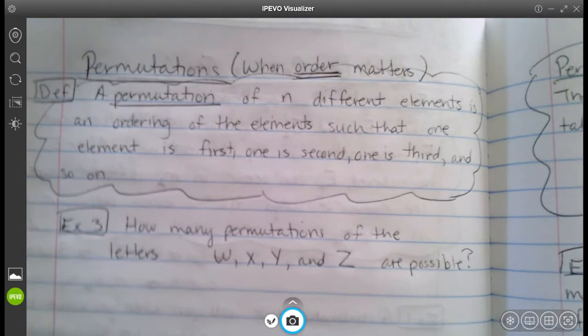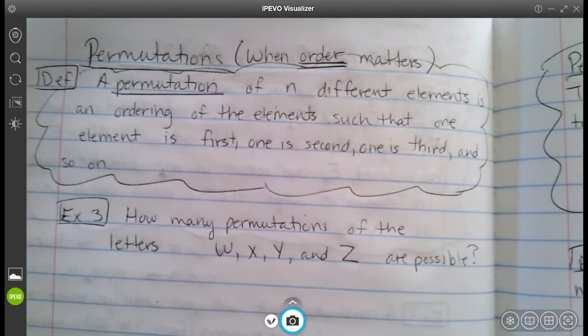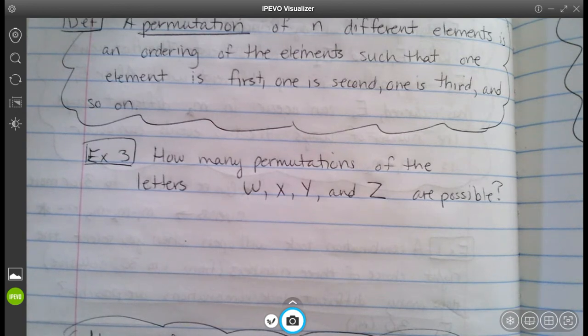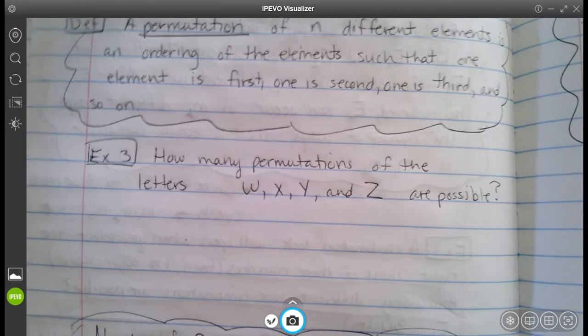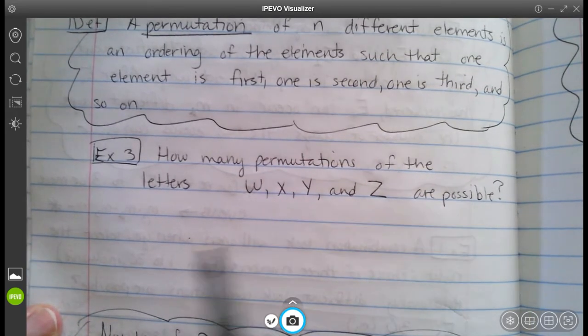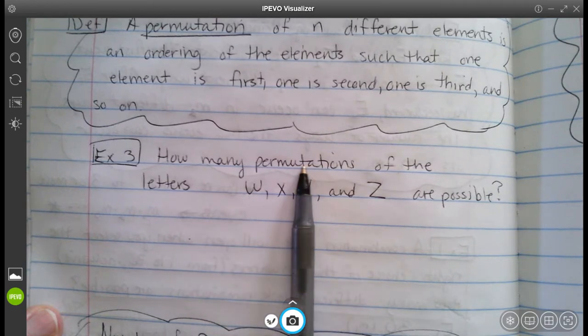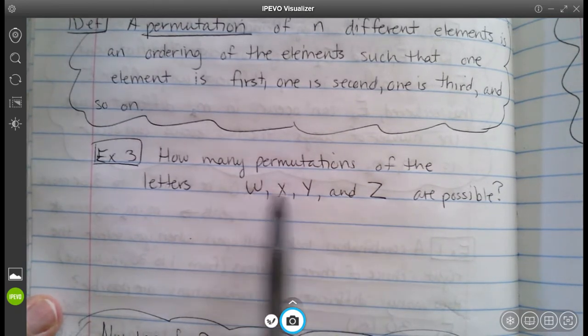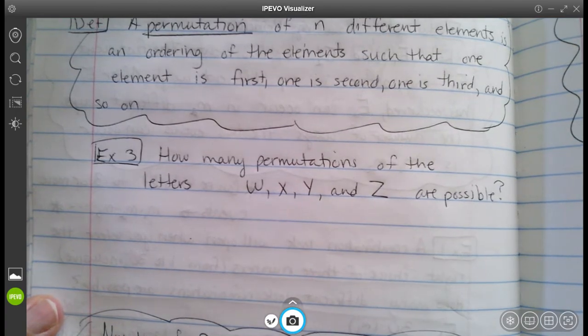Let's look at example number 3. It says, how many permutations of the letters W, X, Y, and Z are possible? Since it says how many different permutations, that means that the order does matter. So we can put the X first and W second, and that would count as another option.